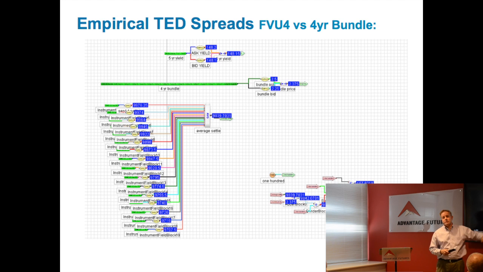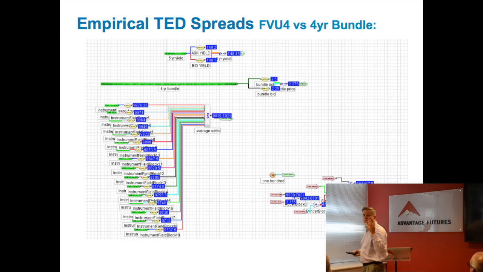You could do, as I mentioned, the 5-year futures versus the 4-year bundle. You have to step into the ADL world a little bit to get that done because of the limitations on the number of legs. But once you get this done, it reduces to one ADL interface. You just take the 20 legs here, compare it to the 4-year bundle, come up with an index yield, use the futures yield up here for the cash.